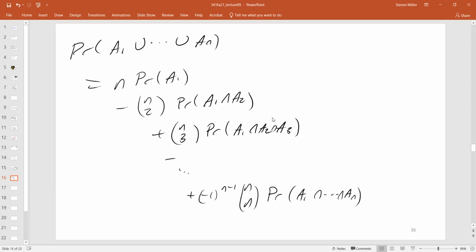So in the special case when they all have the same probabilities, it allows us to calculate these extremely quickly.